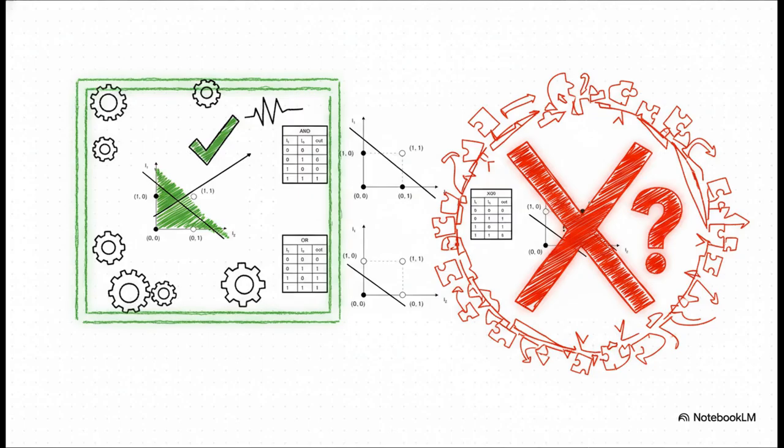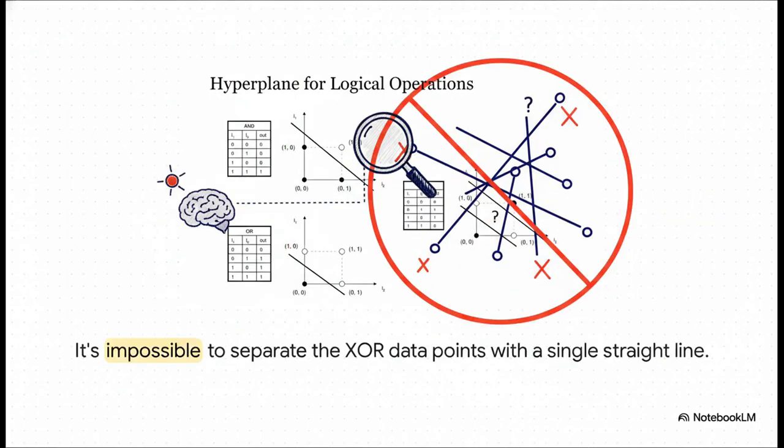And this creates a huge headache for our line drawer. Just look at this XOR graph. See how the true and false points are positioned? They're diagonal to each other. Now, try in your head to draw one single straight line that cleanly separates the two groups. You can't do it. No matter where you draw it, you'll always have something on the wrong side. It's impossible. And this discovery proved that a single perceptron just wasn't powerful enough.